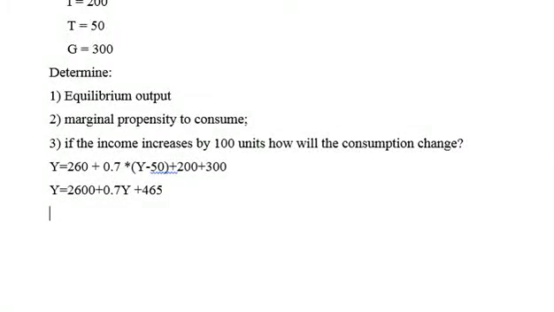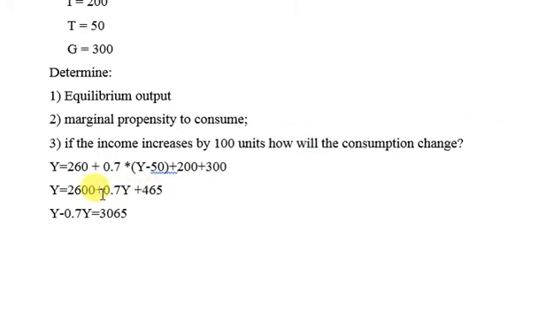So Y minus 0.7Y equals 2060 plus 465, which together gives us 3065, I suppose, and I hope I am not mistaken. If I am, just write me that in the comments. You're free to do it.